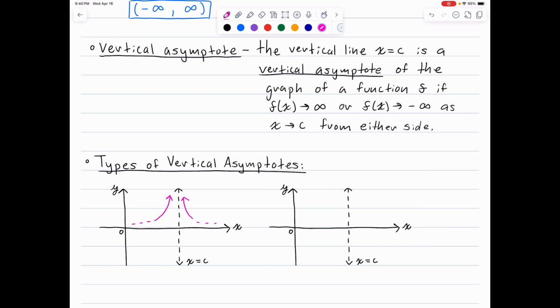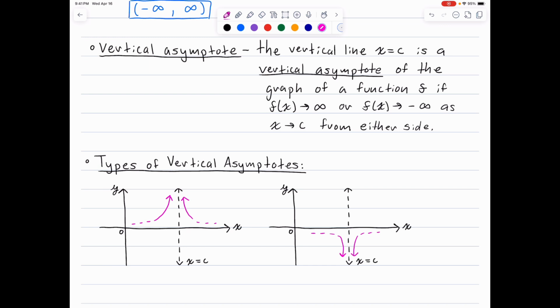Let's get another one out here. Feel free to pause the video to draw this and get it set up. But another one, if they can both go to infinity, well, they can both go to negative infinity. So I can go like this. They both go to negative infinity.